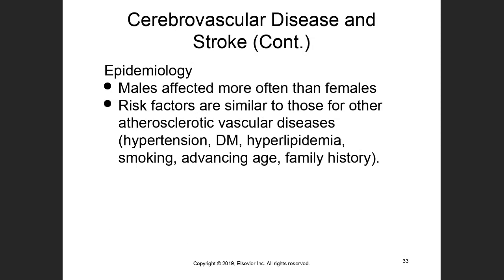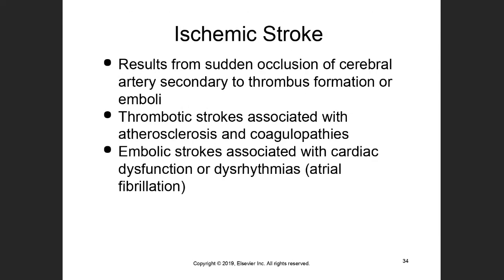Epidemiology: males are affected more often than females. Risk factors are similar to those for other atherosclerotic vascular disease: hypertension, diabetes, hyperlipidemia, smoking, advanced age, family history. Ischemic stroke results from sudden occlusion of a cerebral artery, secondary to thrombus formation or emboli.